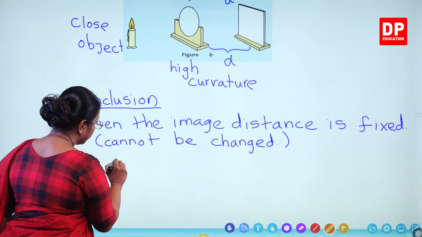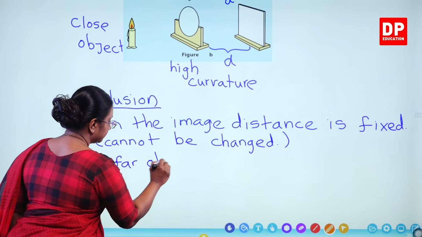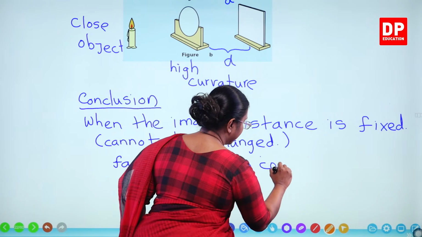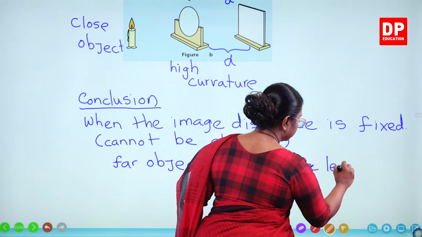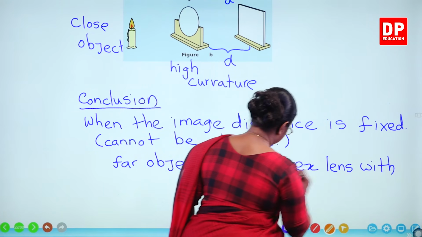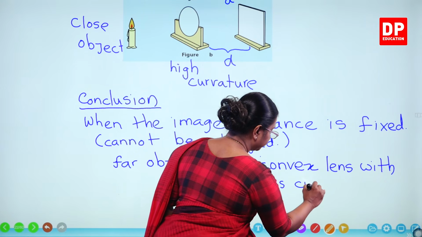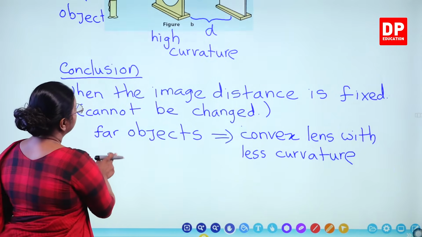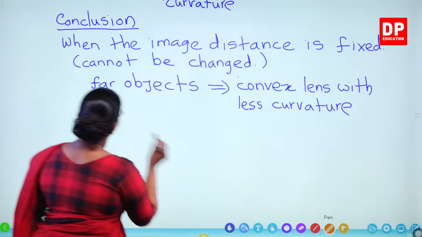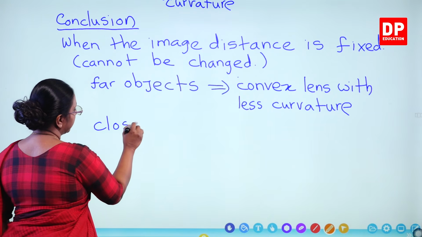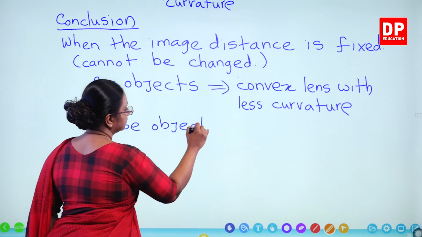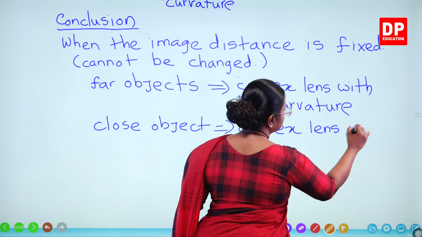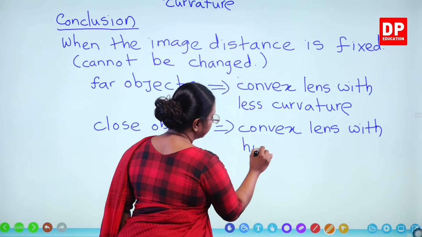To observe far objects, you need a convex lens with less curvature. And to observe close objects, you need a convex lens with high curvature.